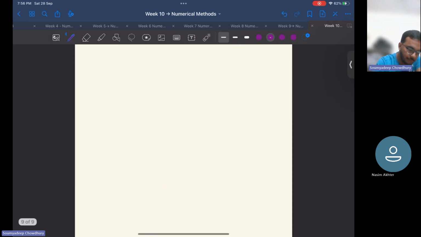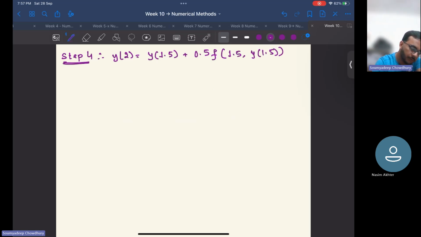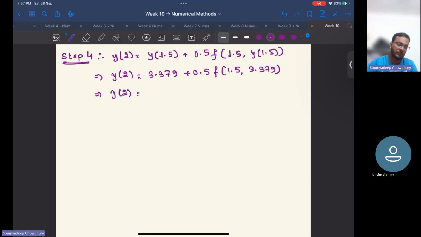Now we'll go to the last step, right? Till 1.5 we have got. Now in the last step we'll be finding y of 2. y of 2 will be y of 1.5 plus h f of 1.5, y of 1.5, so it is 3.379.